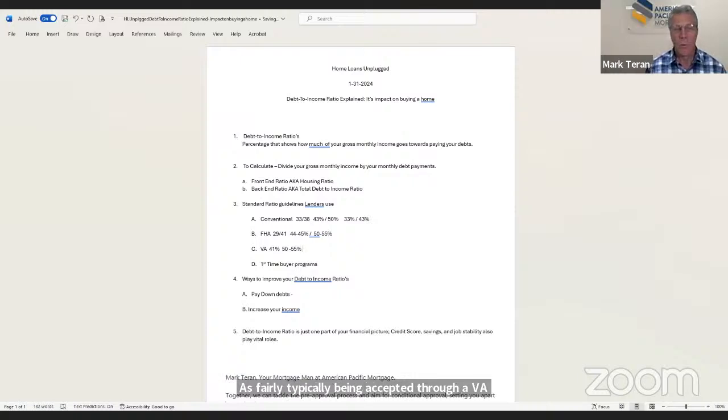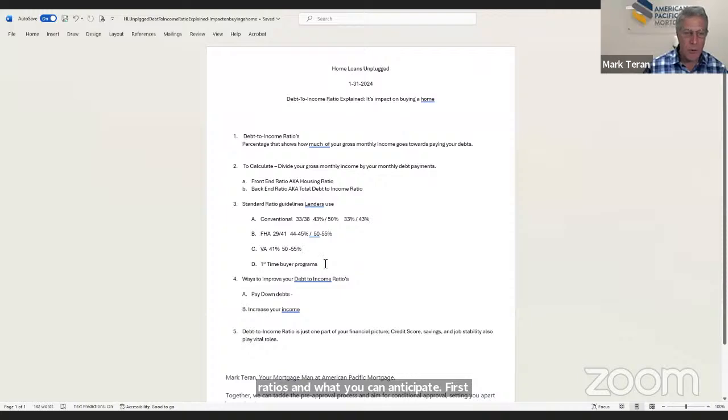And one of the things when we're doing a VA transaction is we also do something called a residual income analysis, where they're actually looking at your net income after taxes compared to your expenses. So there are nuances in all of these. This is to give you a general idea about debt to income ratios and what you can anticipate.